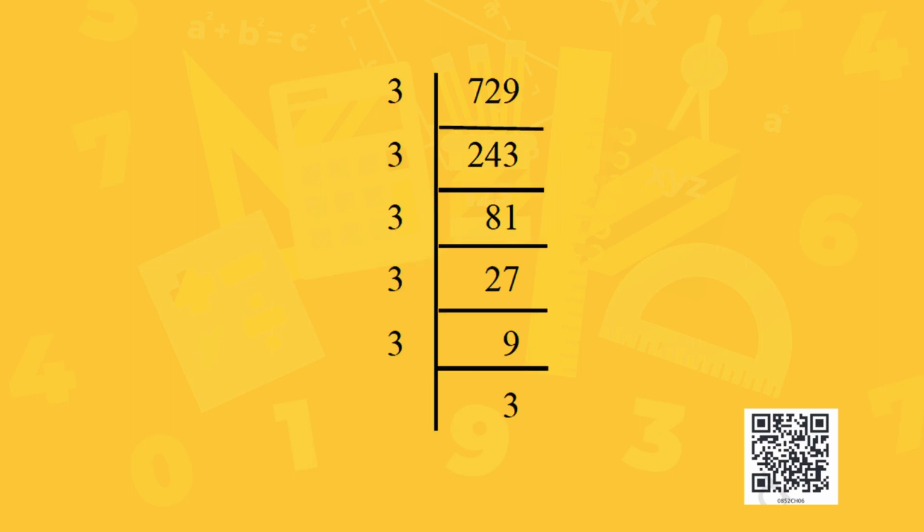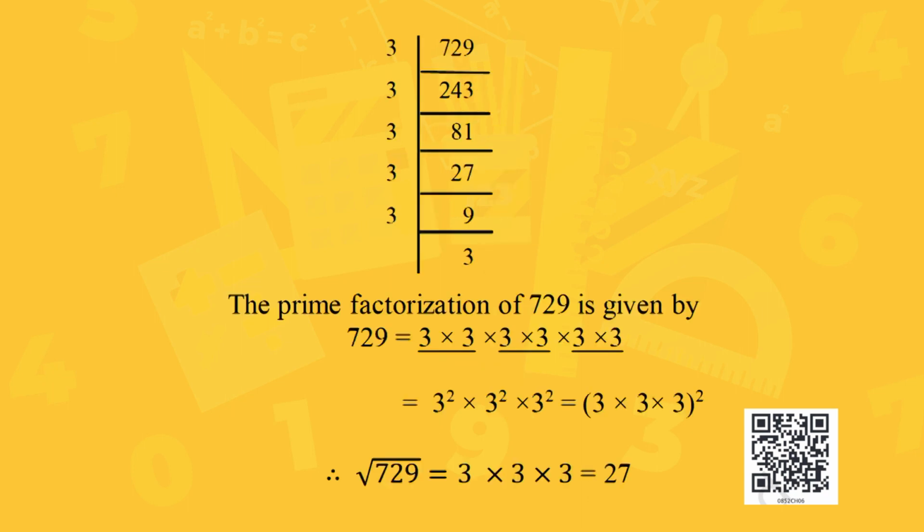If you observe 729, it is divisible by 3, 243 times. 3 divides 243, 81 times, 3 divides 81, 27 times, 3 divides 27, 9 times, and finally 3 divides 9, 3 times. So, the prime factorization of 729 is equal to 3 times 3 times 3 times 3 times 3 times 3.